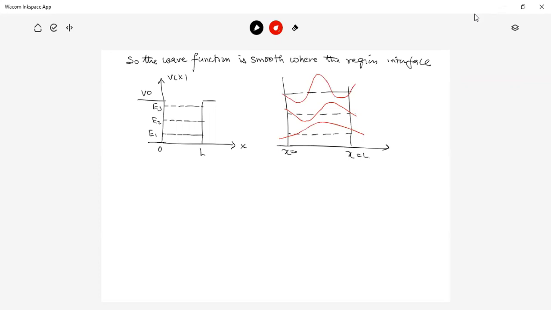So this function is psi 1, here it is psi 2, and this function is psi 3.